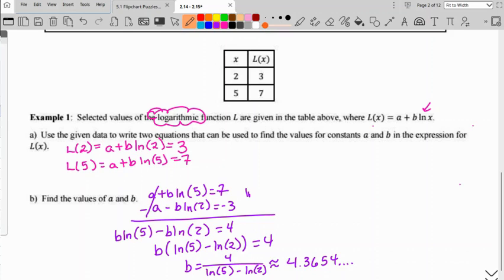Okay, so now that we have B, so that's approximately B, we need to go back and find A. Okay, so let's plug into our other equation. Going back to this equation, if I want to get the A by itself, all I have to do is subtract the B natural log 2 from both sides. So that gives me A equals 3 minus B, which we now know is 4.3654 dot, dot, dot, times natural log of 2.